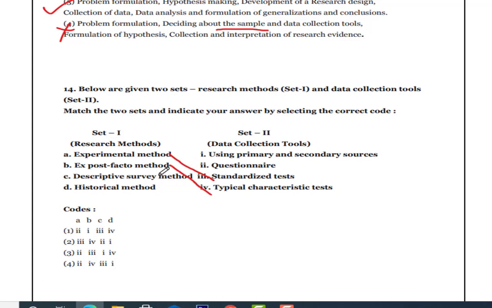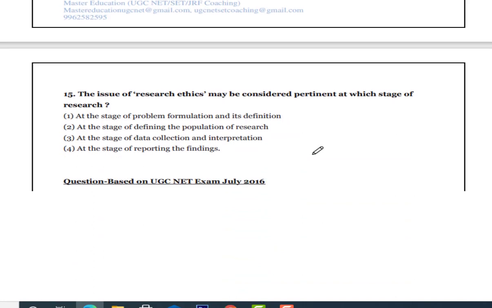In the descriptive survey method, survey means we are surveying some people or some situation, giving some questionnaires to the people, right? So descriptive survey method is questionnaire, and for the historical method we are using primary and secondary sources. So the answer is option 2, 3, then 4, then 2, then 1. So option B is the answer.